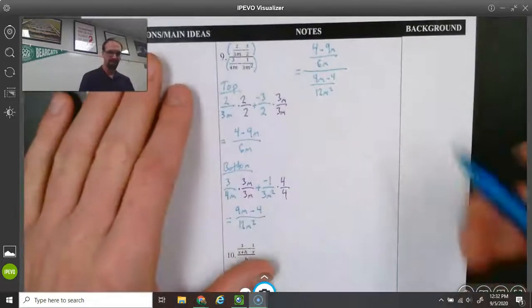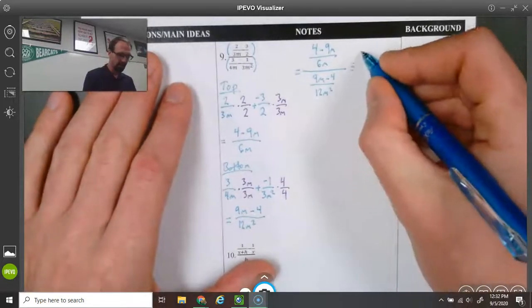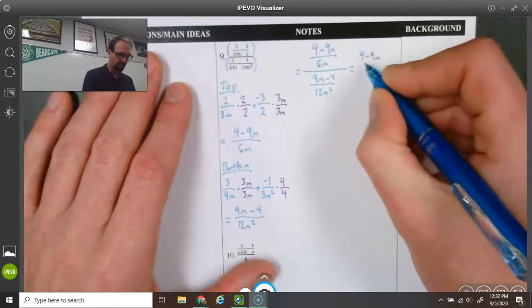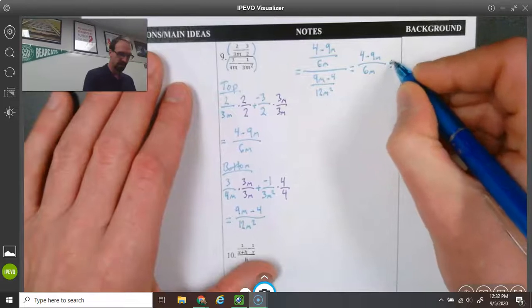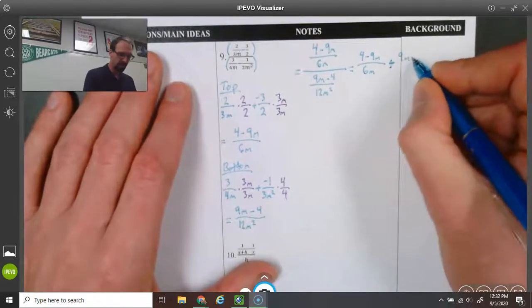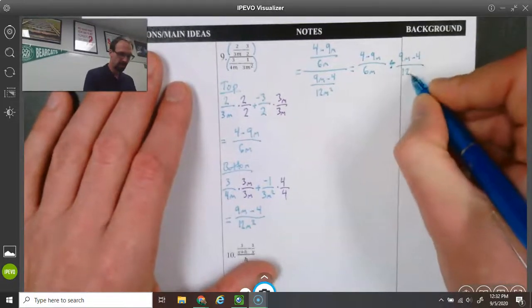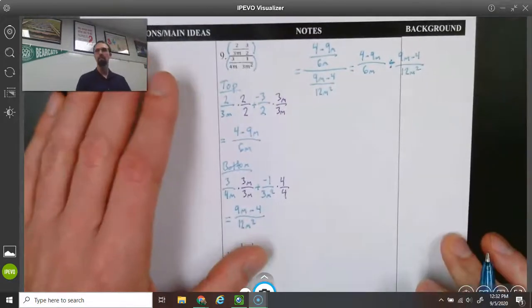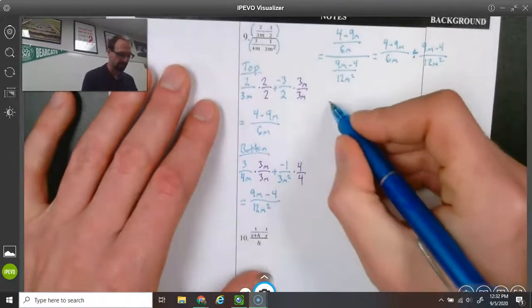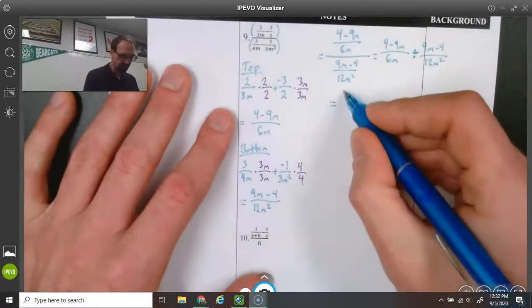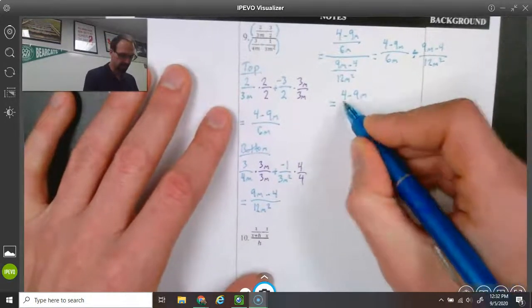So if I write this out, it's the same as 4 minus 9m over 6m divided by 9m minus 4 over 12m squared. And remember, when we're dividing, we need to multiply by the reciprocal, so I need to take the reciprocal of that second term. So I end up with 4 minus 9m divided by 6m.